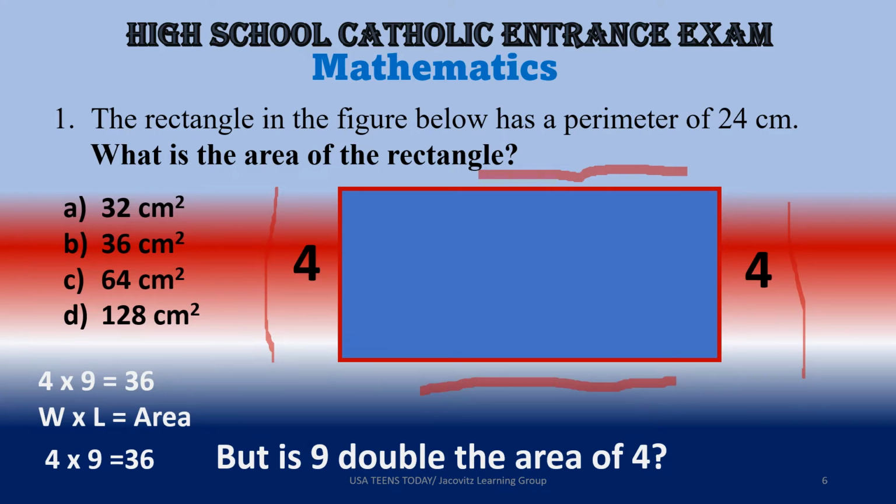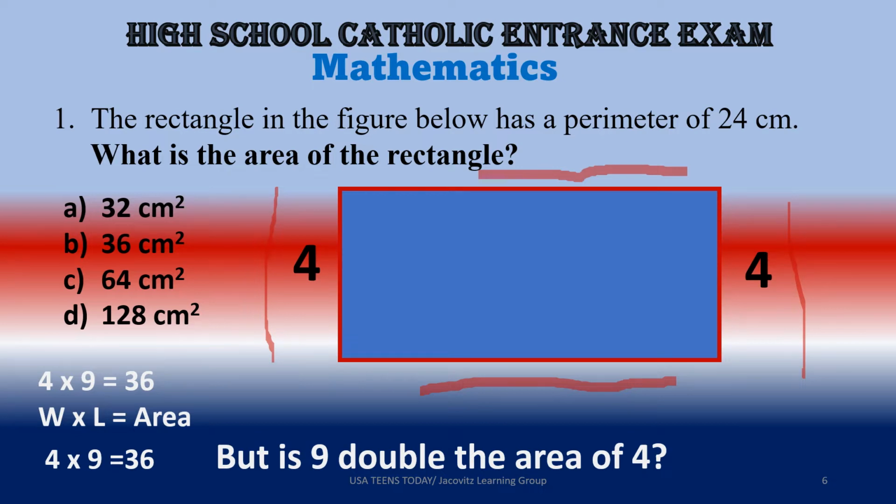Aren't rectangles proportional? These two horizontal sides are equal, and your vertical sides, meaning the length, are equal. So let's say you wanted to try a length of 9, but is 9 double 4? No, double 4 is 8.